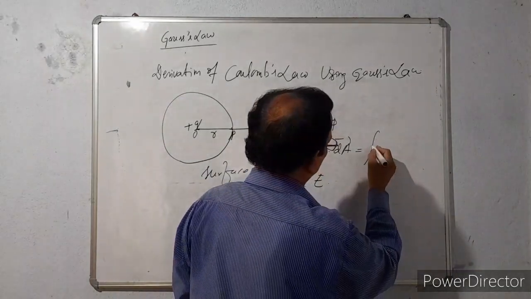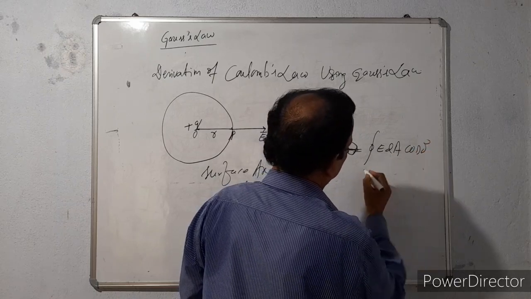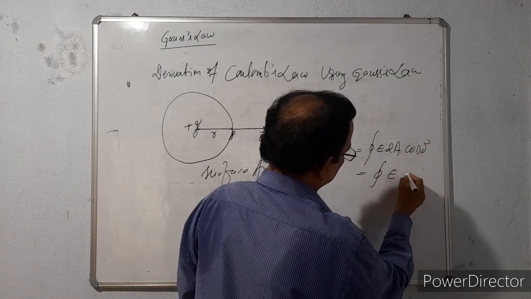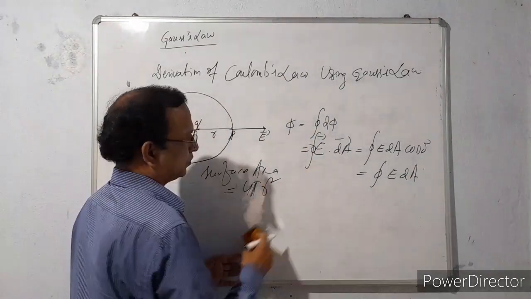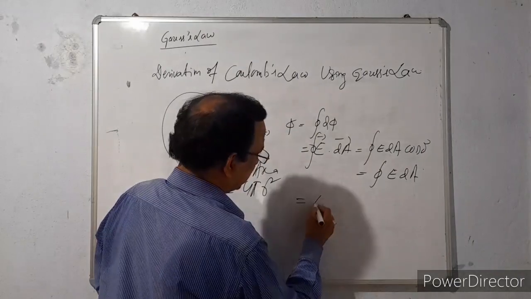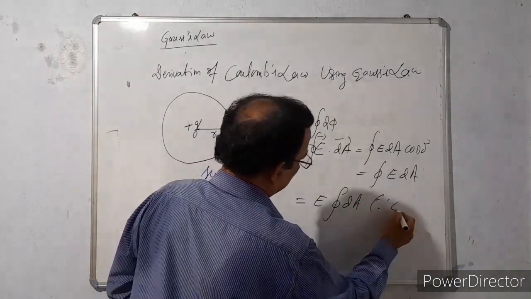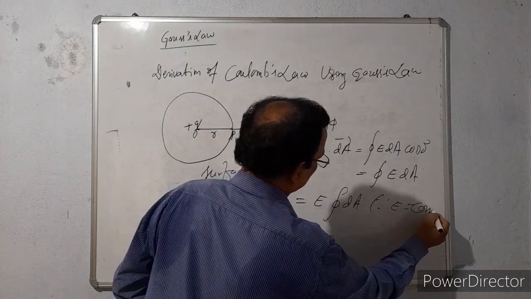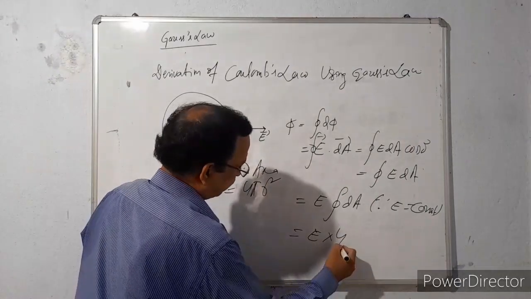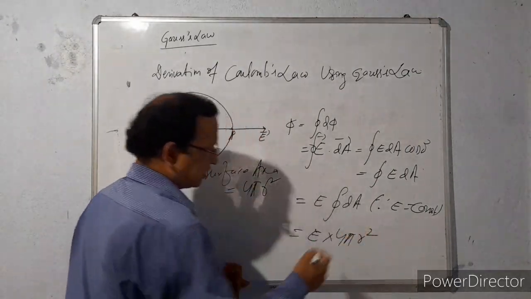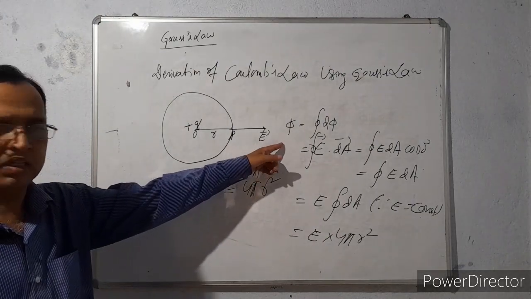So that is equal to E dA cos 0 degree, which is also equal to E dA. As E is constant, that is equal to E into 4 pi r square. E into 4 pi r square is the flux.